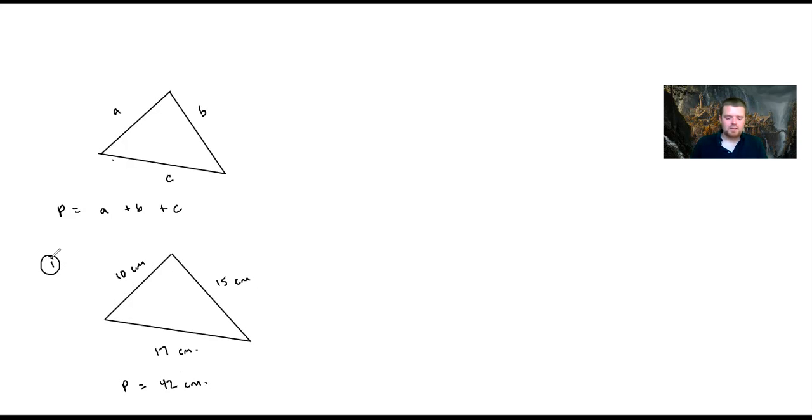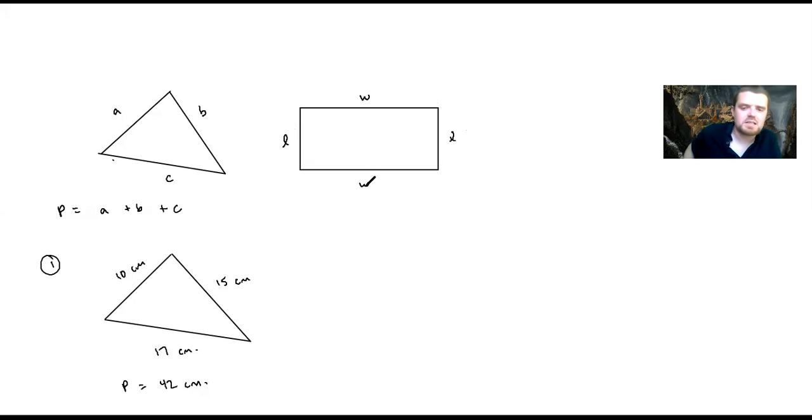So that being said, there are a couple exceptions. Let's say we take a rectangle, for instance. You should know the properties of these shapes by now. A rectangle is marked by length and width, where the length is the same on two sides and the width is the same on two sides.